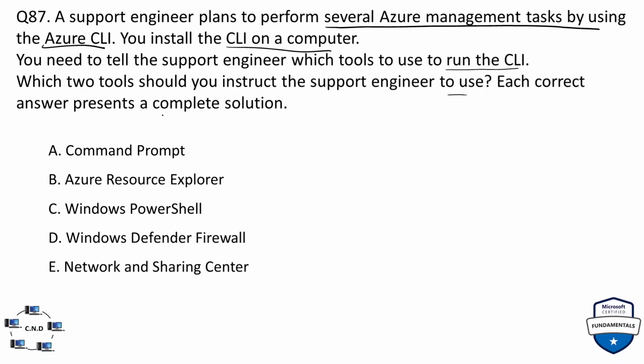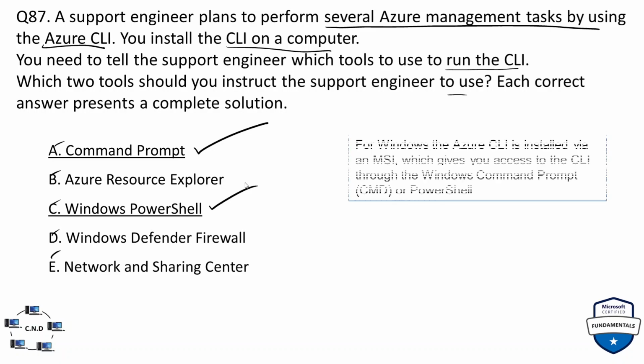Each correct answer presents a complete solution. The options are A, Command Prompt, B, Azure Resource Explorer, C, Windows PowerShell, D, Windows Defender Firewall, and E, Network and Sharing Center. And the correct options are A, Command Prompt, and C, Windows PowerShell.